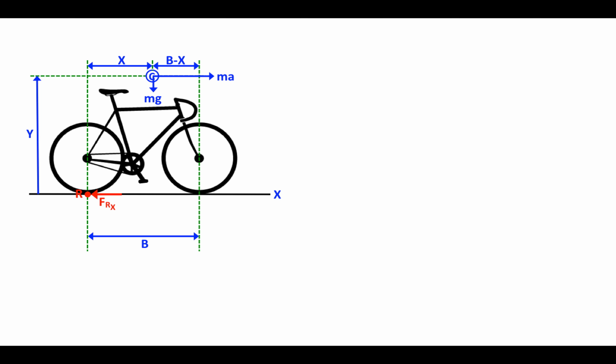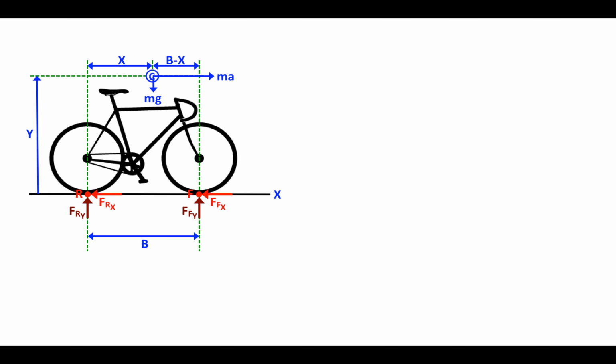Point R, indicated by the red dot, is where the rear wheel contacts the ground, and the force there going to the left is the force at point R in the x direction. This is the analogous force on the front wheel. And lastly, at points F and R, we have the force pushing up from the ground opposing the downward force of gravity.